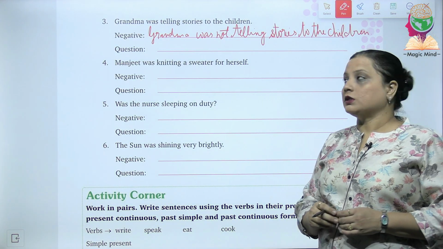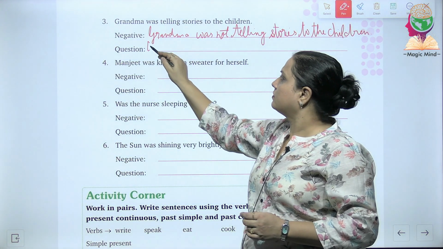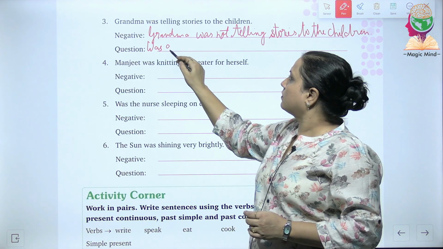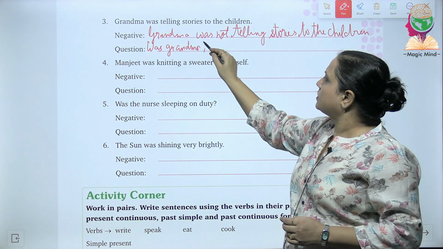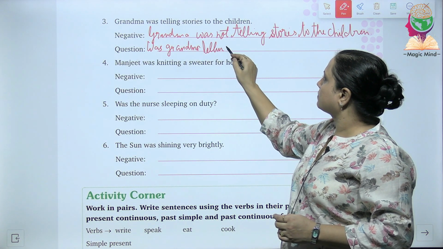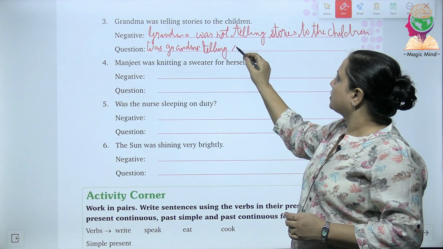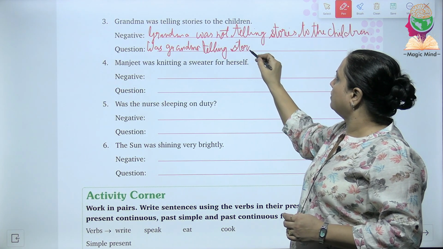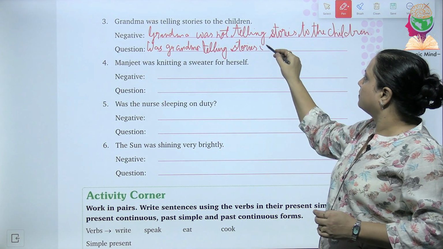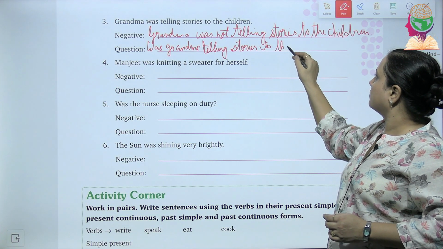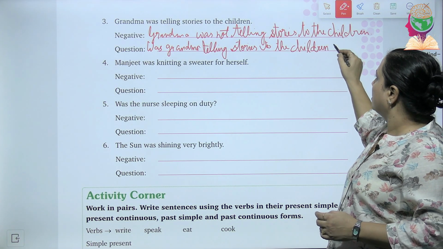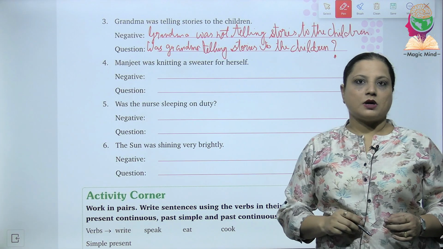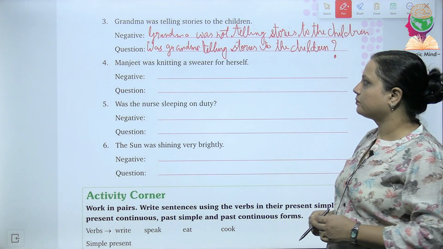Now the question, it will begin with was. Was Grandma telling stories to the children? And since this is a question, we will put a question mark at the end.